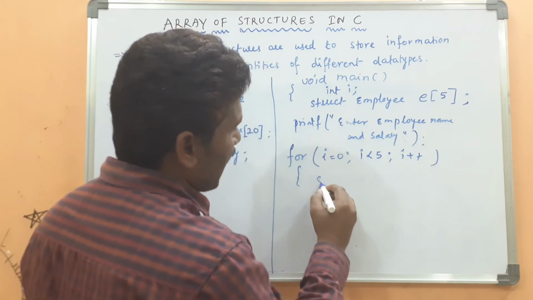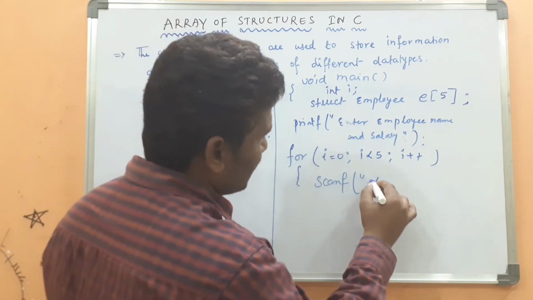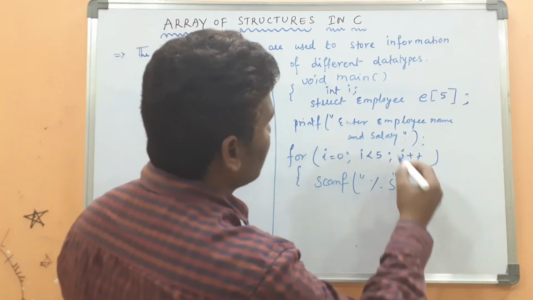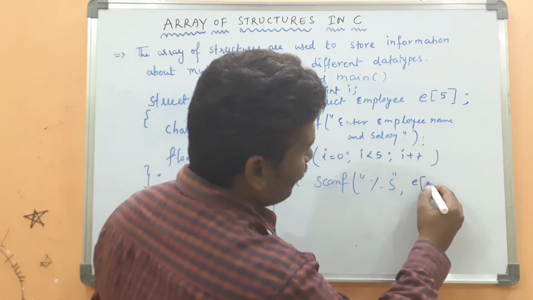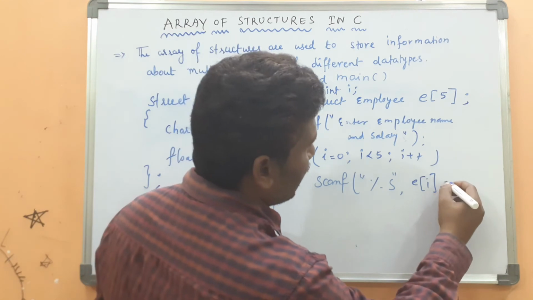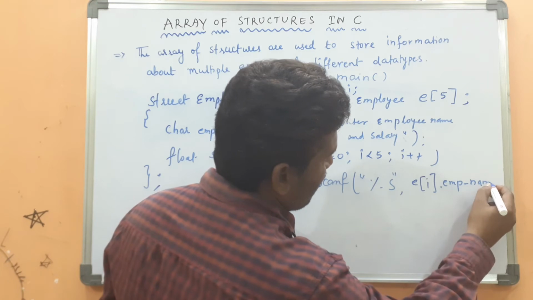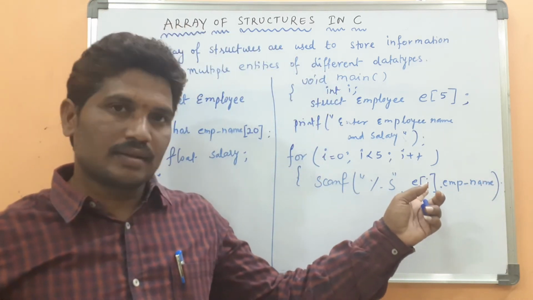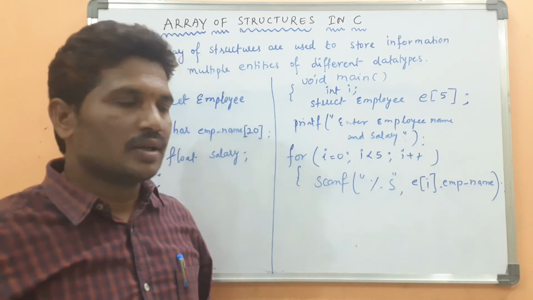Then scanf, first percent s, then E of I dot EMP name, because for strings we do not require the address operator, you know it already.